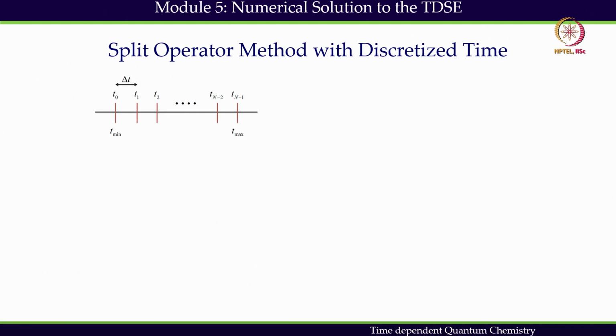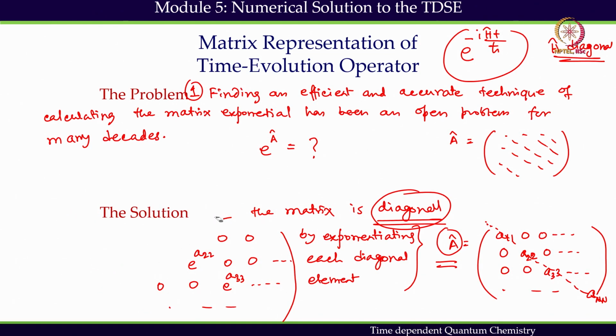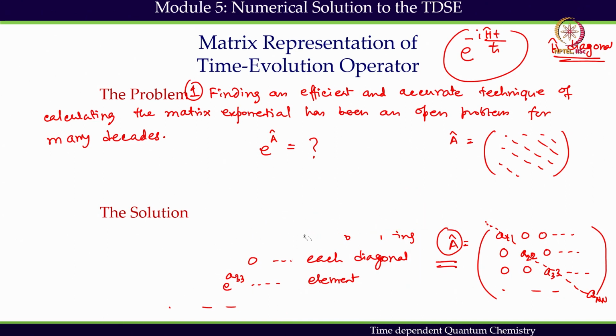It is because of this Hamiltonian operator. I will show why it is difficult, because the requirement for using this technique is that we have to get the Hamiltonian operator in the diagonal form.